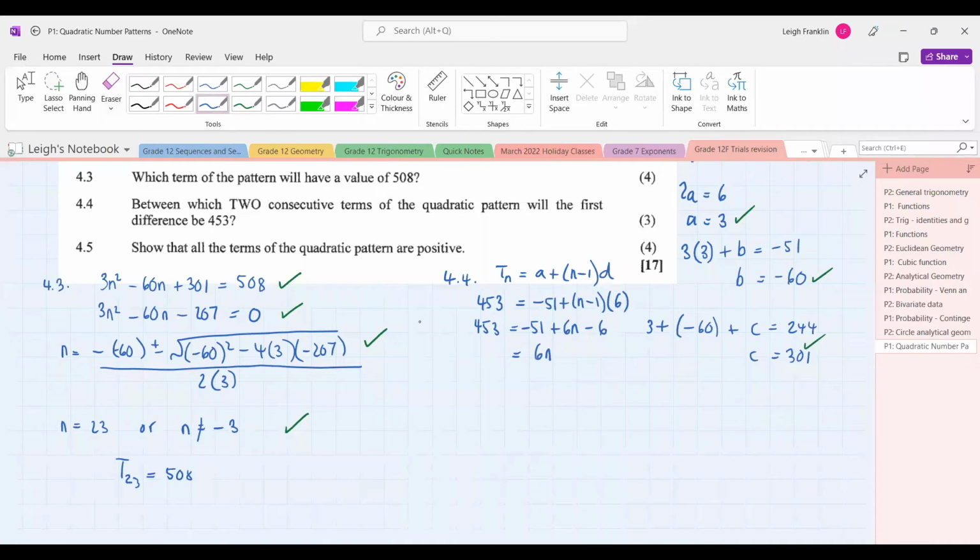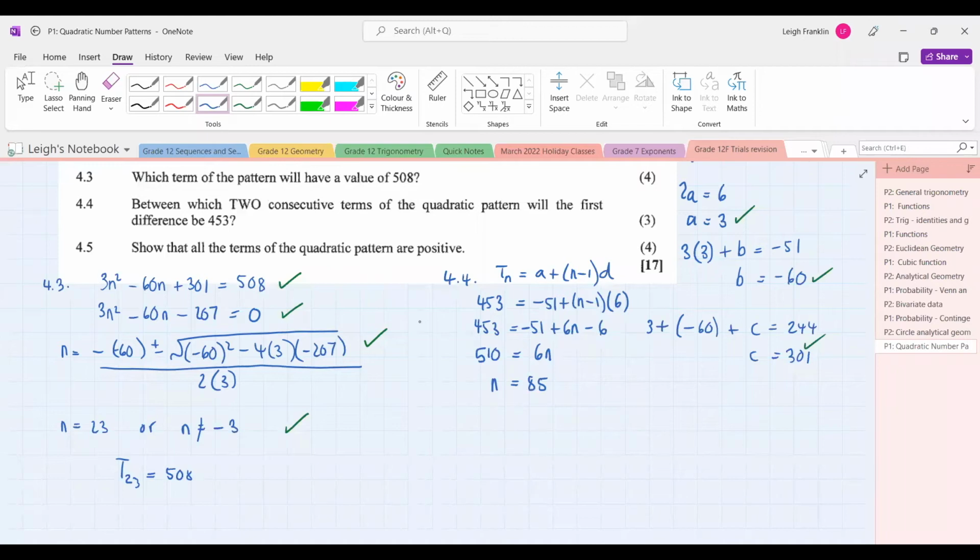So we've got 453, we need to add 51, and we need to add 6. Okay, and that gives us 510. Now we can take our 510, divide it by 6, and that means that n is equal to 85.